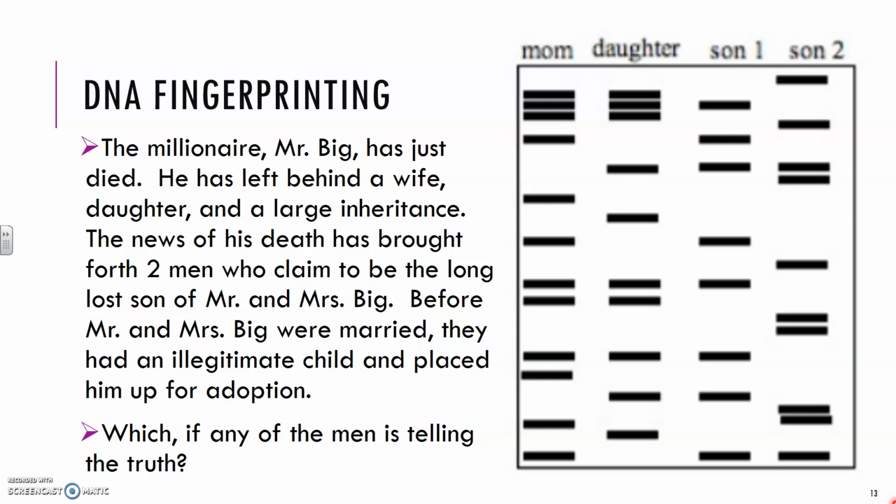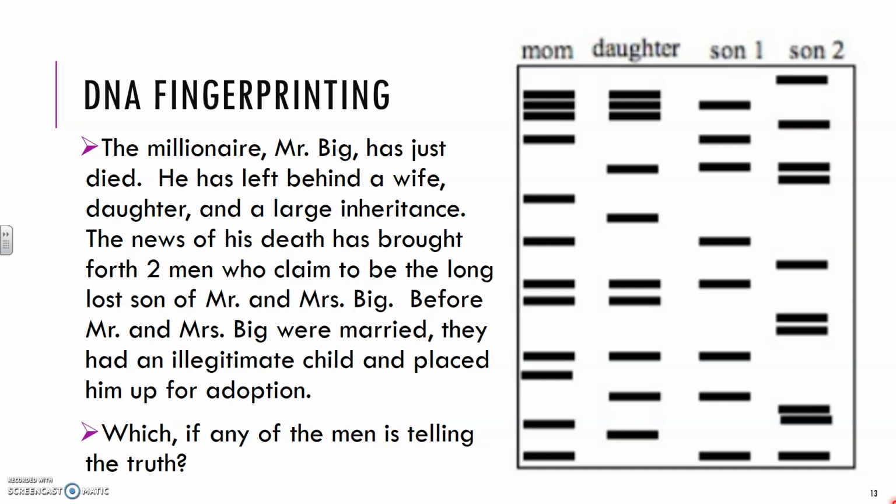Okay, this is where things get more confusing, because for whatever reason, they didn't go back and get Mr. Big's DNA. They just stuck with Mrs. Big and the daughter. Okay, so the son and the daughter are going to be closest on their own to the mother. Okay, they will be further apart from each other. So with this one, it doesn't have to line up perfectly because we don't have the DNA of the dad.